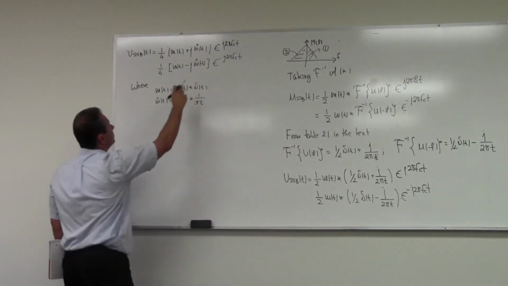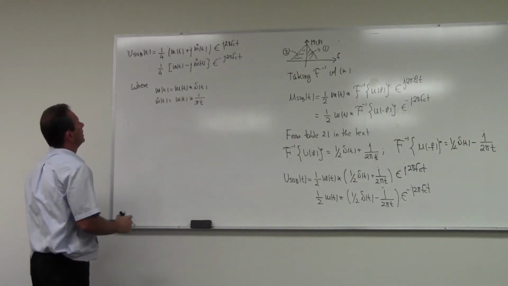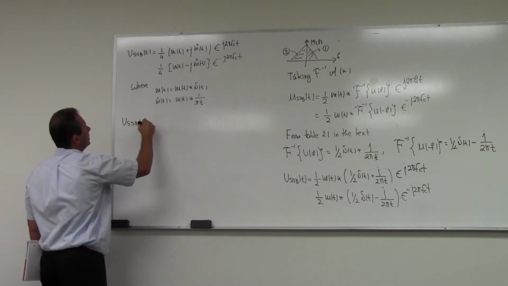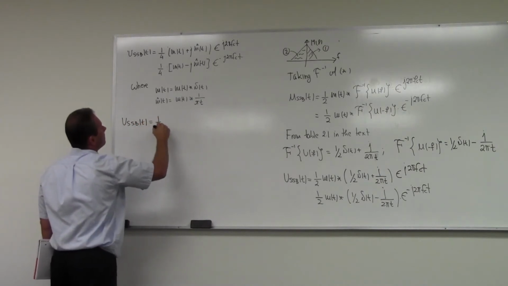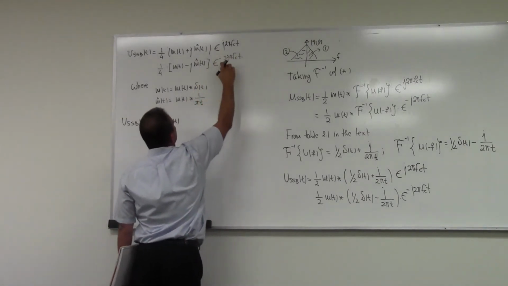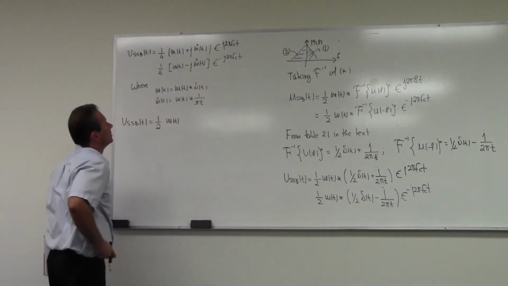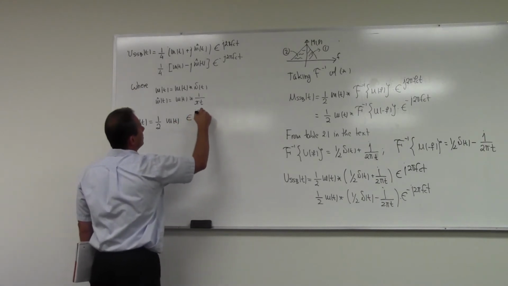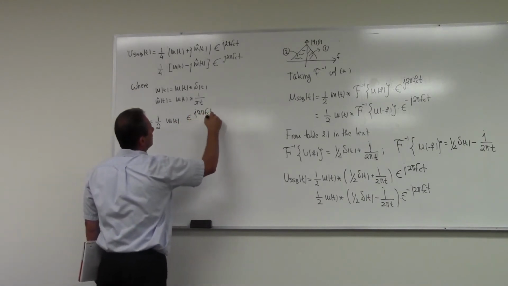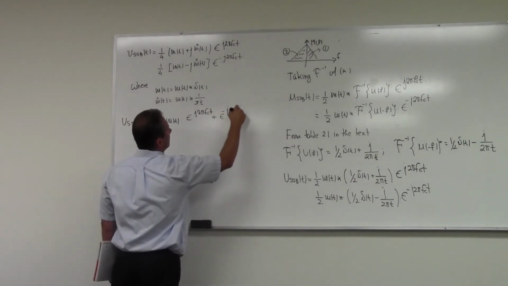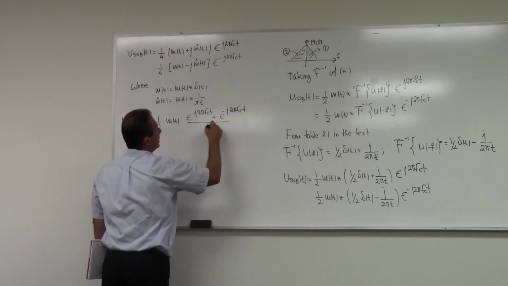So now if I group this by m of t and m hat of t, I can say that single sideband of t becomes 1/2 m of t. Now I grab the positive exponential from the first one, negative exponential from the second one. So I get e to the j 2 pi fct plus e to the minus j 2 pi fct divided by 2.